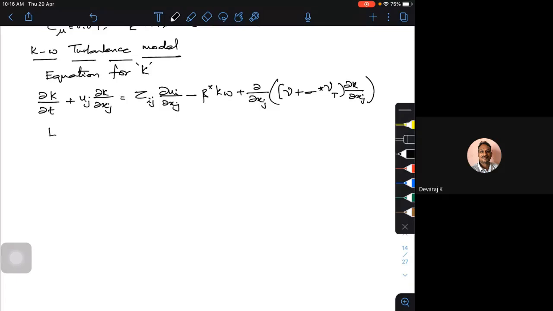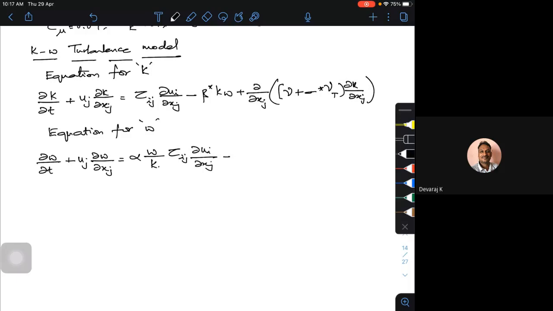Then the equation for omega. The equation for omega is given by dou omega by dou t plus u_j dou omega by dou x_j is equal to alpha, one more constant, into omega by k into tau_ij into dou u_i by dou x_j, minus beta, which is a ratio with a value of 3 by 40, so very small, around 0.075.